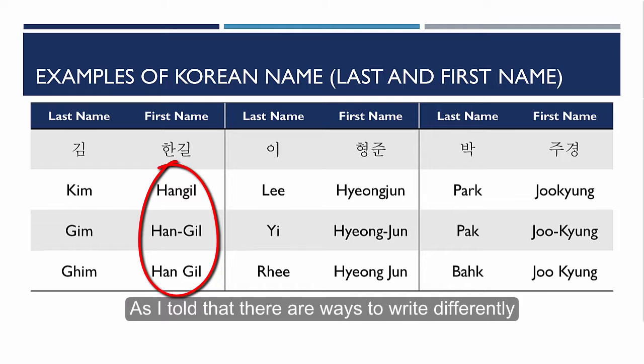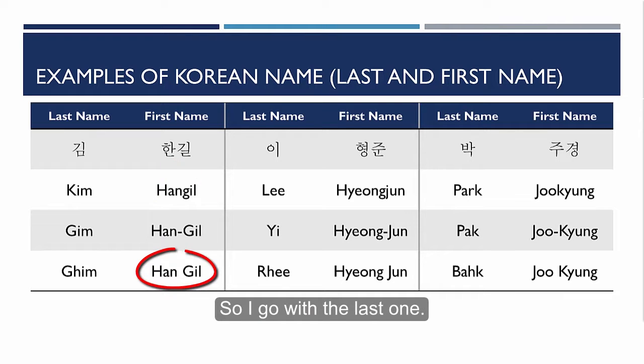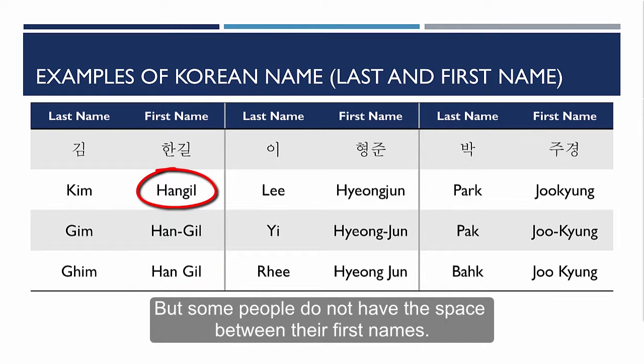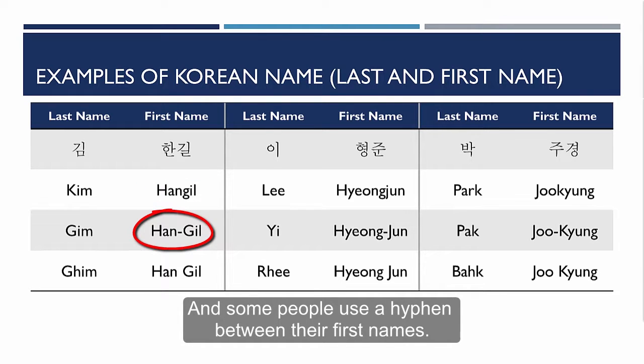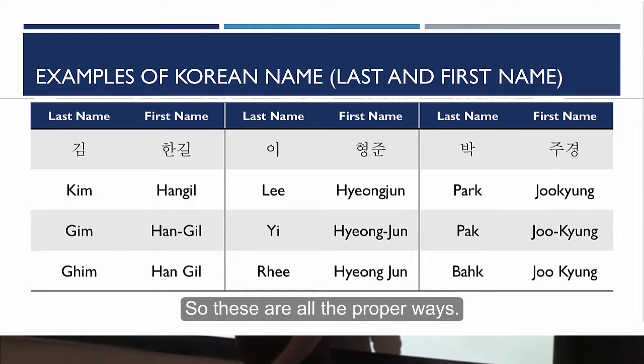As I told you, there are different ways to write it, and there are 3 ways to write my first name. I go with the last one, so I have a space between my first names. But some people do not have a space between the first names, and some people use a hyphen between their first names. These are all proper ways.